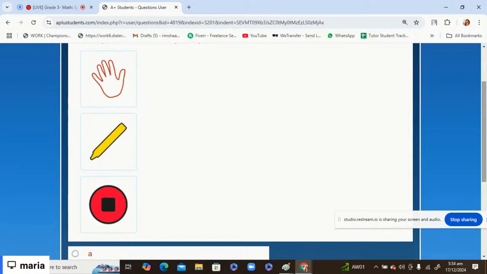So in which one is the rotational symmetry shown? It's option C.